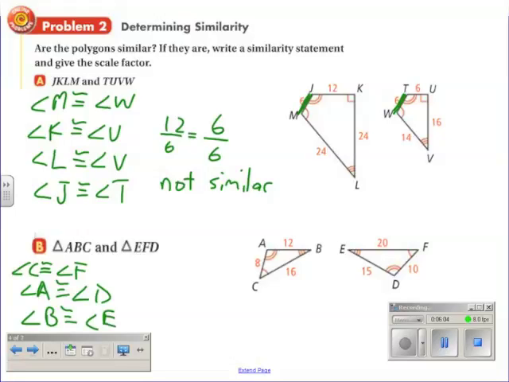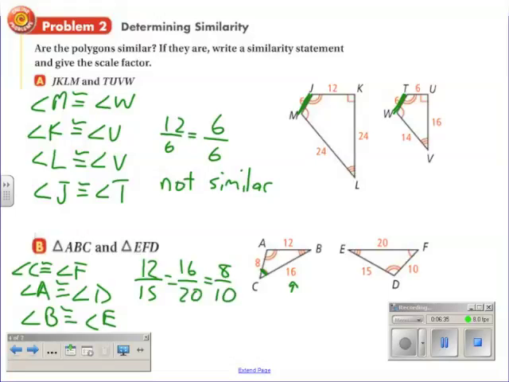Let me focus first on what's opposite C here. And the side opposite is 12. So 12 is to 15 as 16 is to 20, is to 8 is to 10.